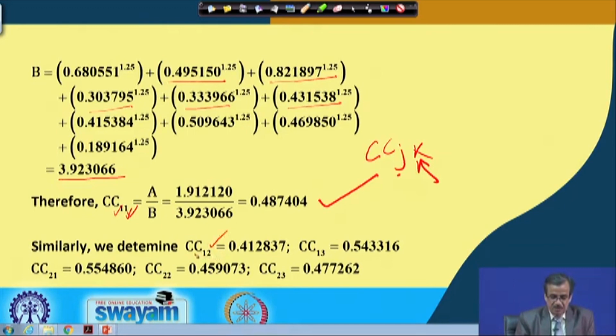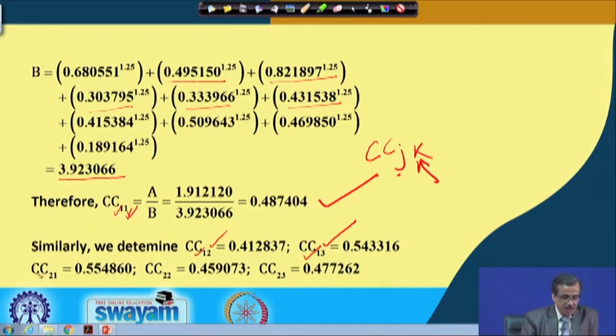And by following the same procedure, I can find out CC12, which is the second dimension of the first cluster center. Then comes CC13, the third dimension of the first cluster center, which is 0.543316.